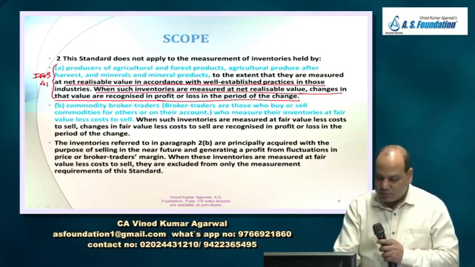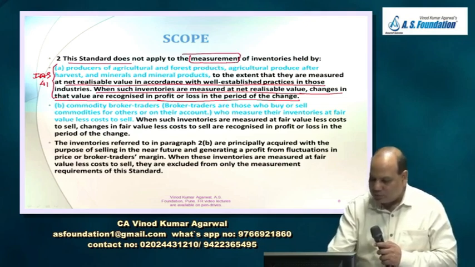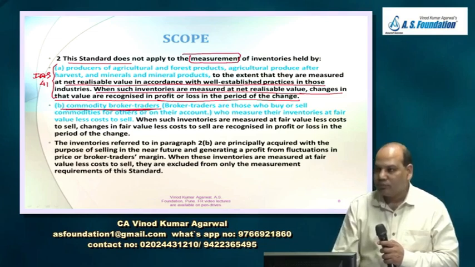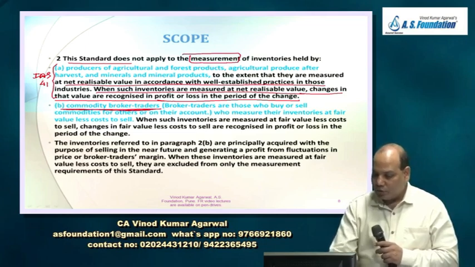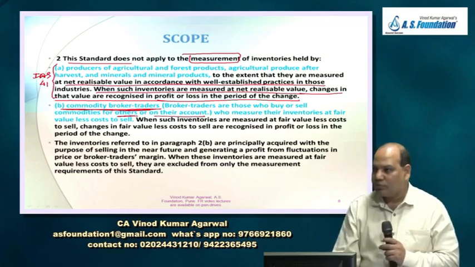And now next is, this standard does not apply to measurement requirement of inventory held by commodity brokers. Who are commodity broker traders? Commodity broker traders are those who buy or sell commodities for others or on their own account.